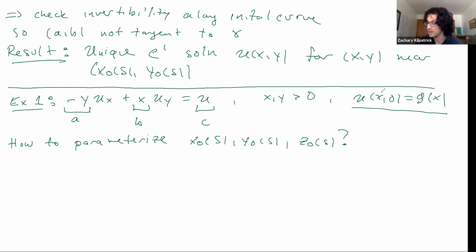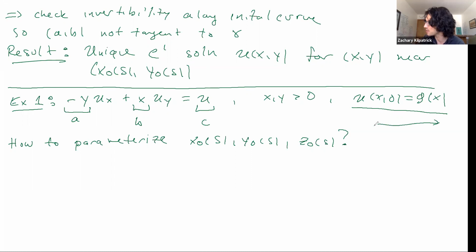X here is in need of parameterization because we're varying X. So X we can afford to parameterize as S in this case. You just have to choose your parameter S so that as you move along it, you're moving along the direction that changes within your initial data.